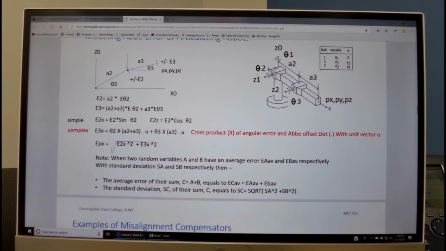The schematic diagram of this articulating robot is shown here, and we see that we have a point over here, point 3, and we have a point over here, point 2, and we're interested in finding the errors based on error of each one of these angles and known length of A2 and A3.